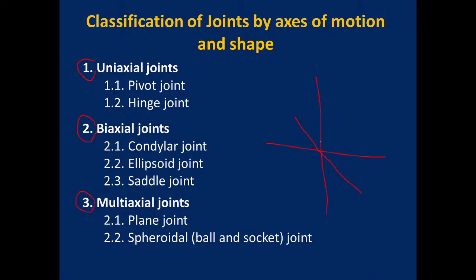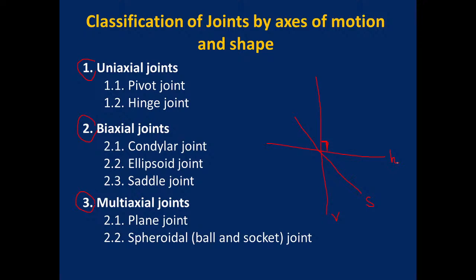They have a 90-degree angle between each of these axes: sagittal, vertical, and horizontal. Three-dimensional space and only three axes.